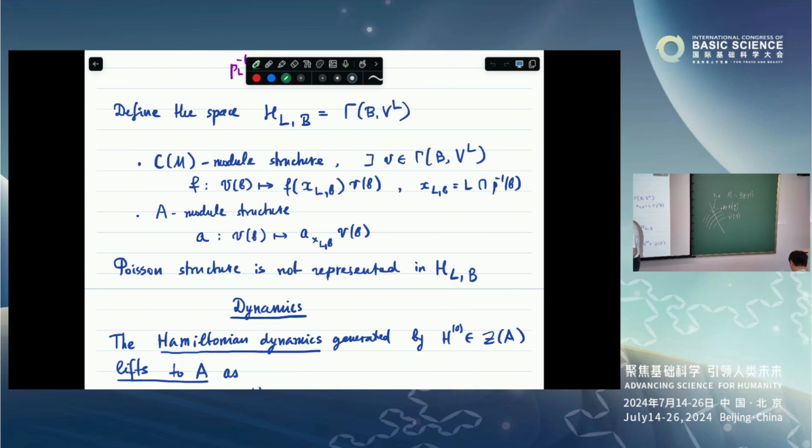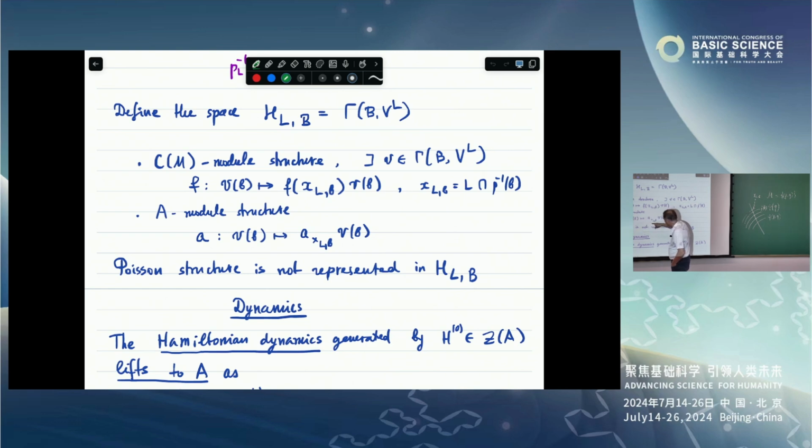It's like again a pointwise action: on V of B, the section A acts by applying A at the point X_L(B), at this intersection point. So this structure depends on two geometric structures, the Lagrangian fibration and the section.